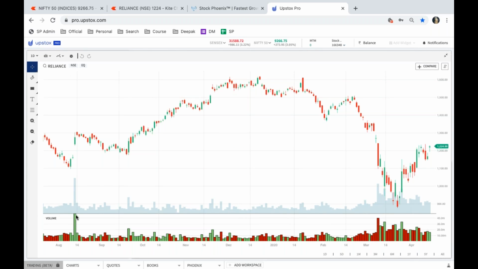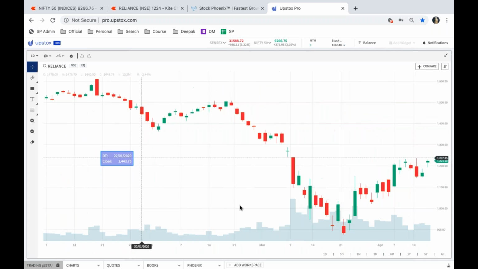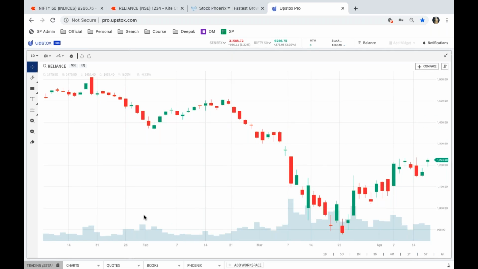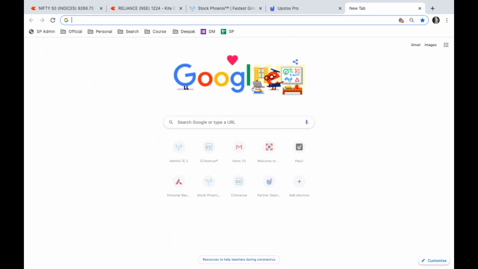For a better view, I am taking this particular indicator also. So now MACD, moving average convergence and divergence.